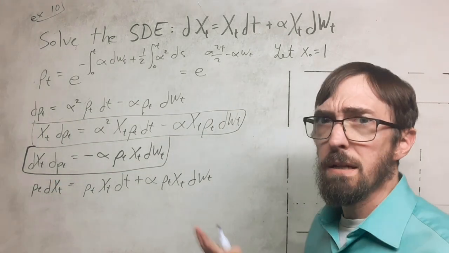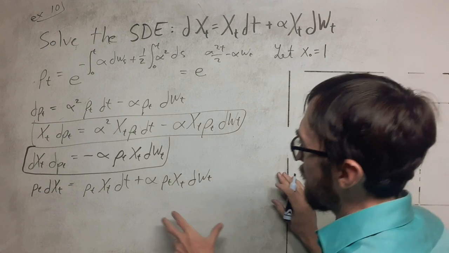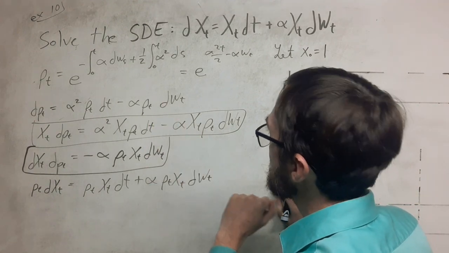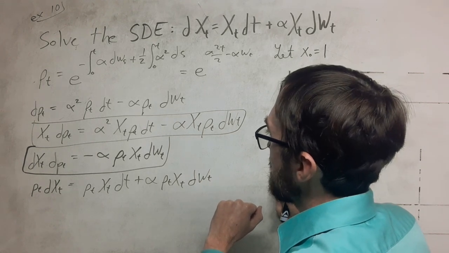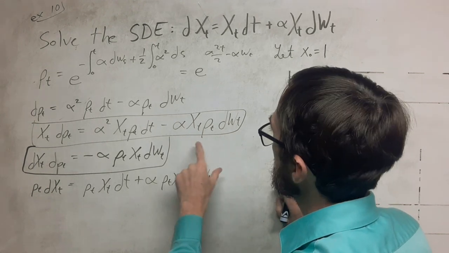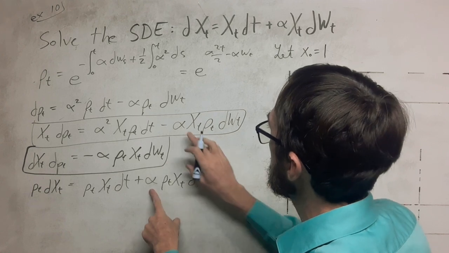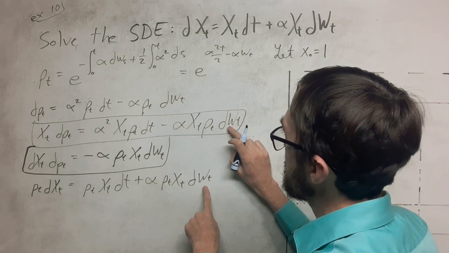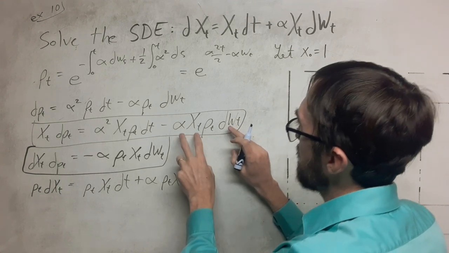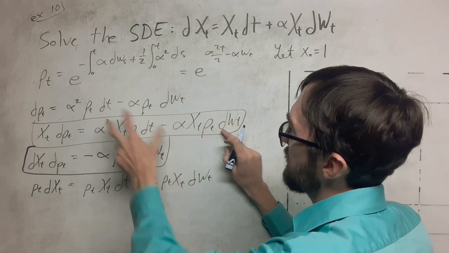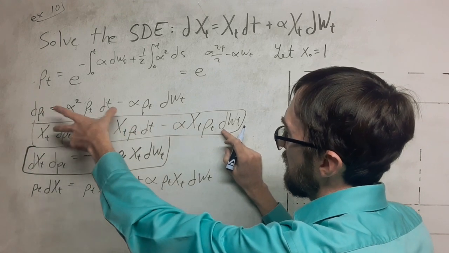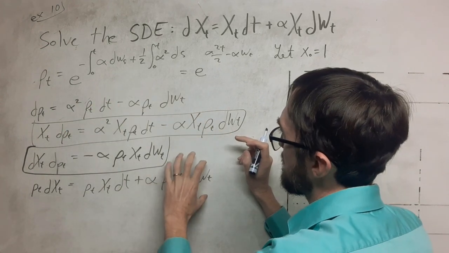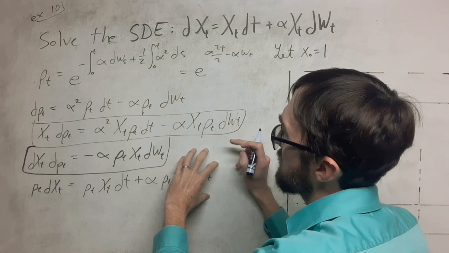All right, now that we have that established, if we look back in here, we can see we have the alpha, the rho, the x sub t, and the dw sub t right here. So if we do a little bit of algebra here, move this term to the other side, and then multiply by -1, we can drop that into here as a substitution.